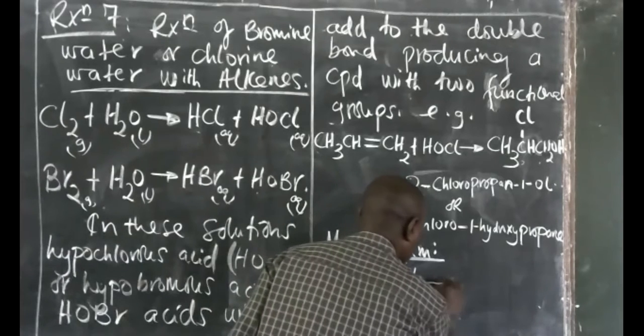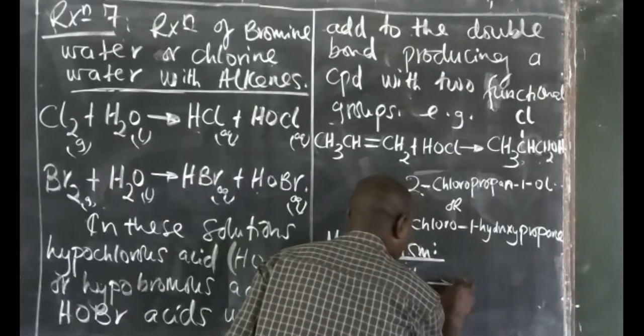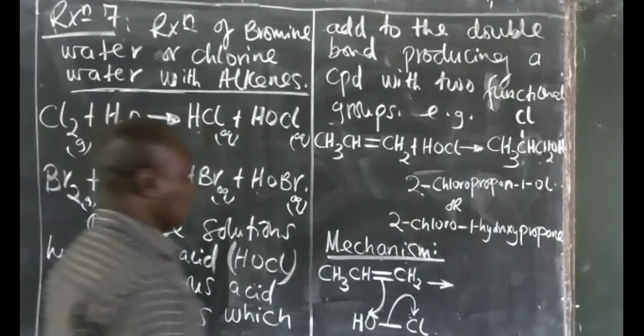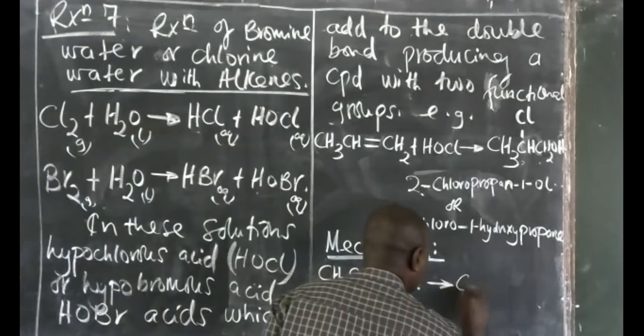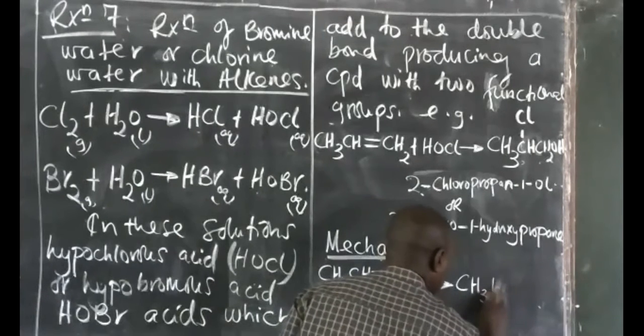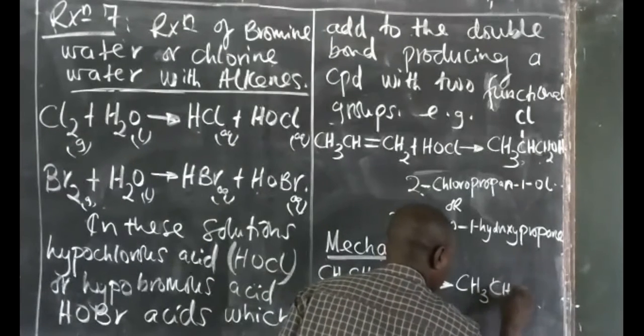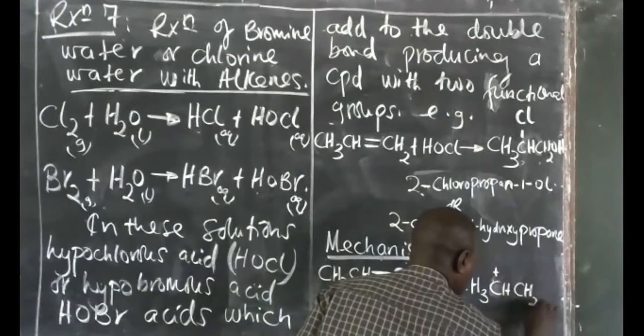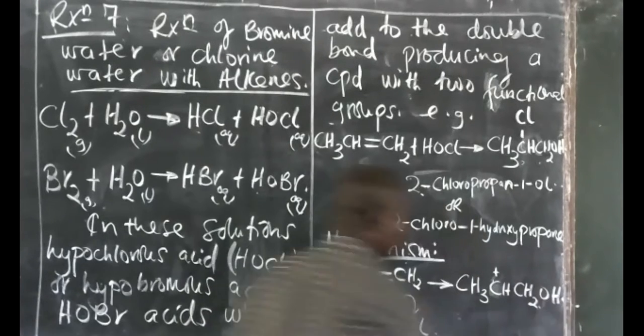And then it's going to give us our intermediate, which is more stable, CH3, CH plus, CH2 OH.